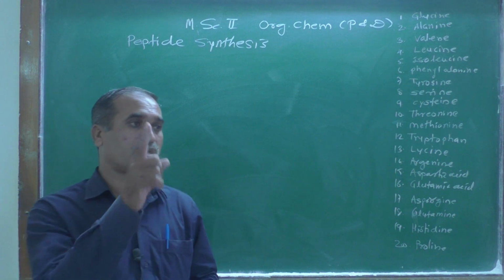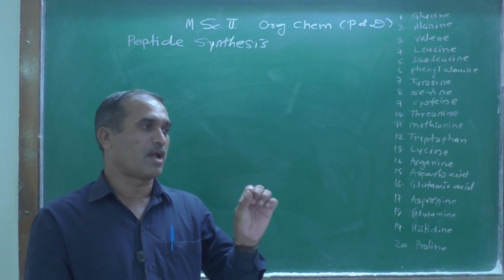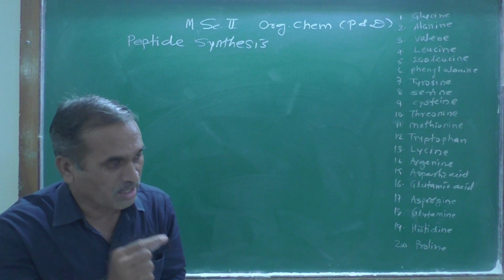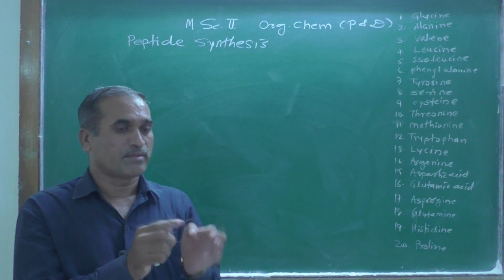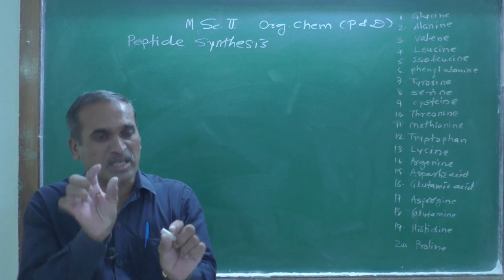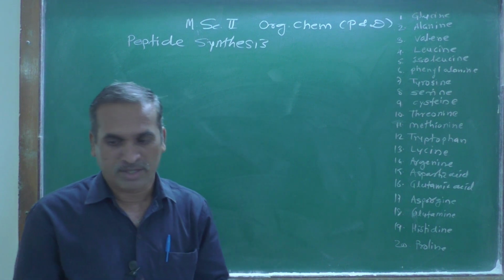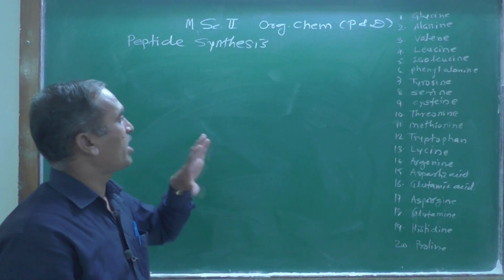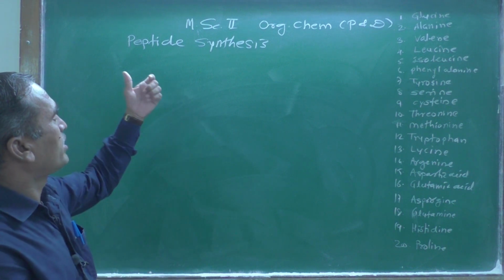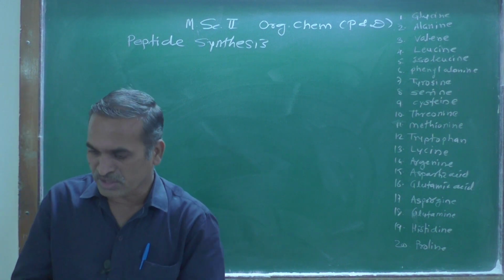As we know, capital L and capital D are the relative configuration, whereas S and R are the absolute configuration. Don't mix these two terms together, but remember there are 20 amino acids, and by using those we are going to synthesize peptides.